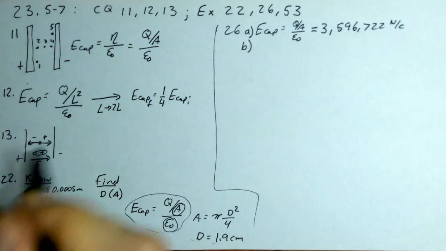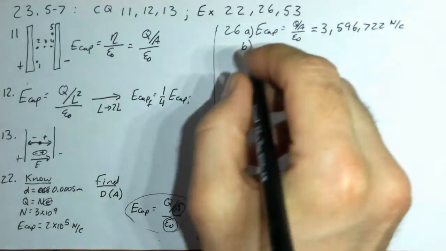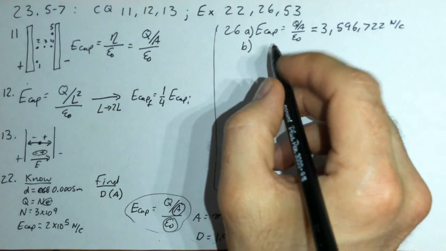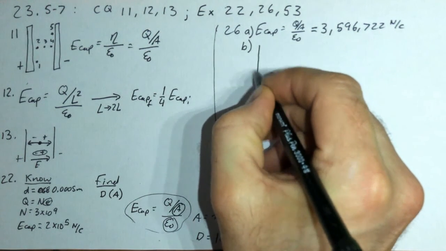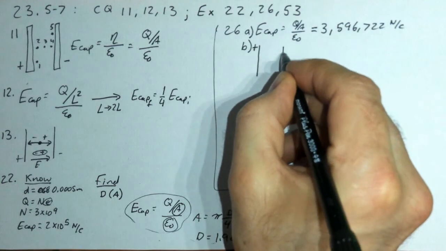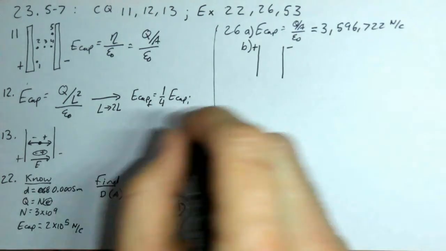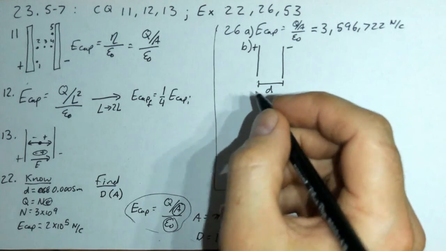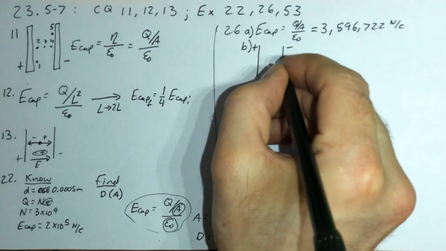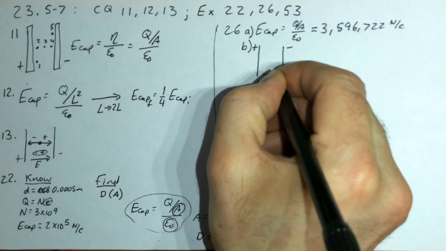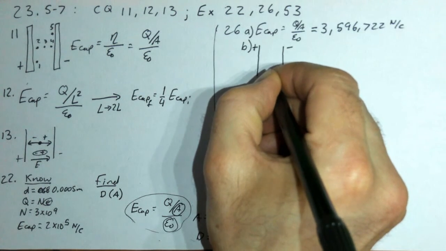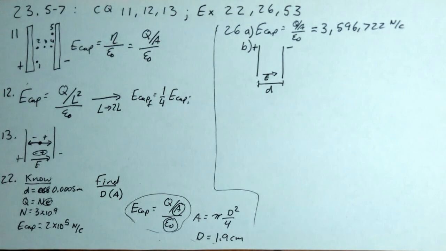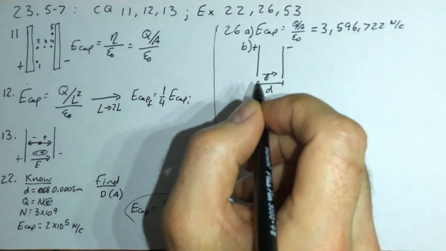Okay, so if you tried that, let me catch up to you. So if I've got a positive plate here and a negative plate here, I'm given a gap between them. I'm going to label it as D. And I've got an electric field pointing this way, from the positive to the negative plate.